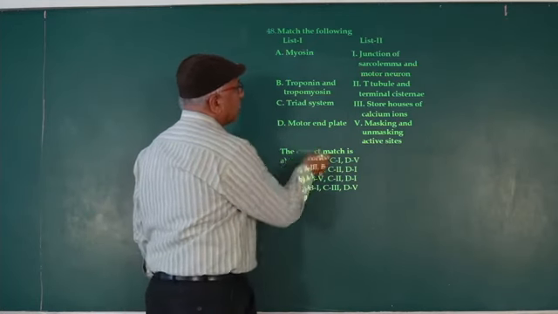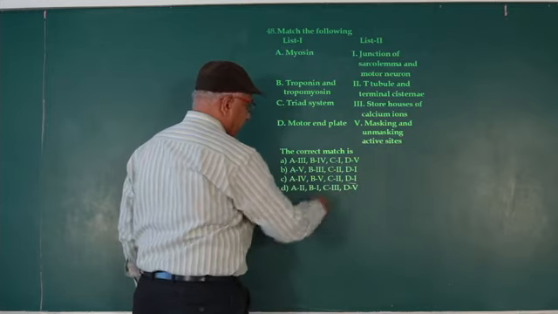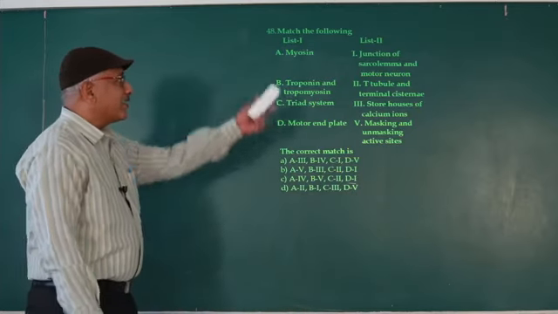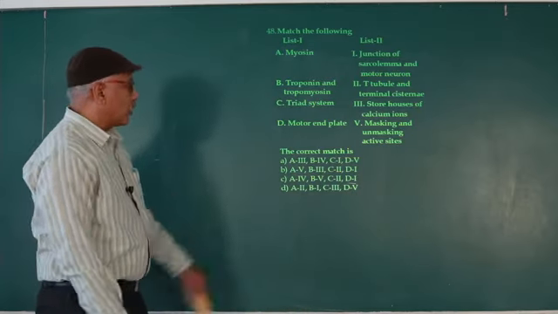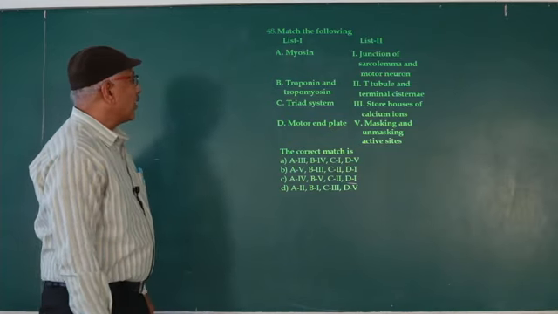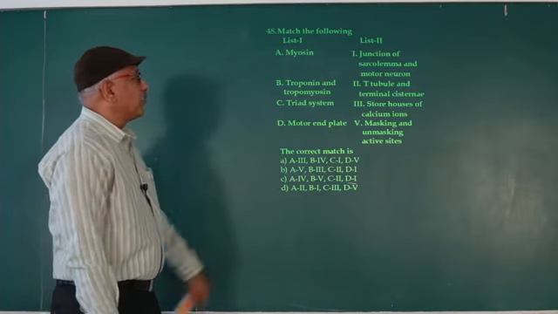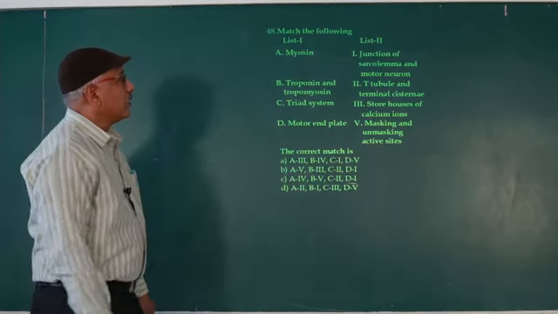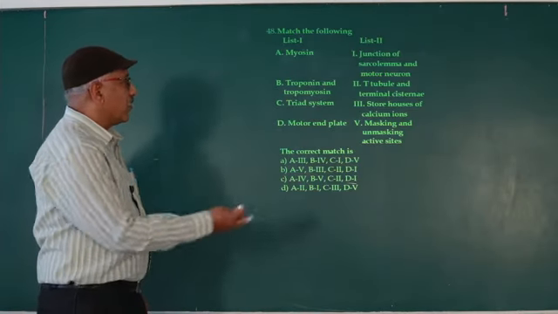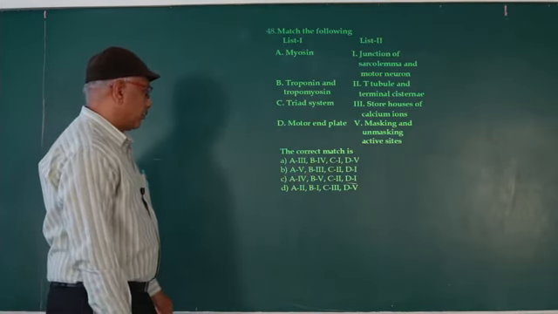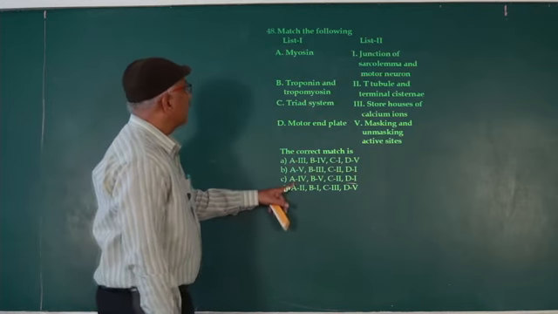Motor end plate is the junction of sarcolemma and motor neuron, correct. Next one, C, triad system: T-tubule and terminal cisternae together are known as the triad system. So that is correct.